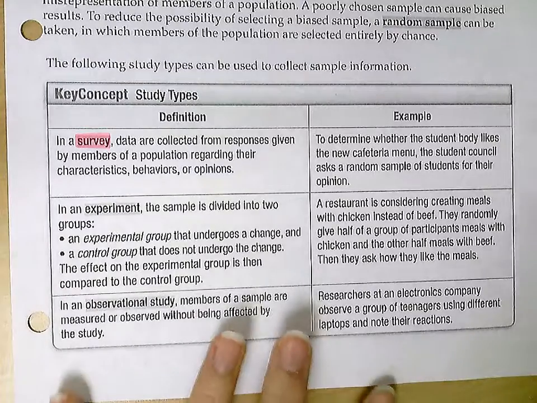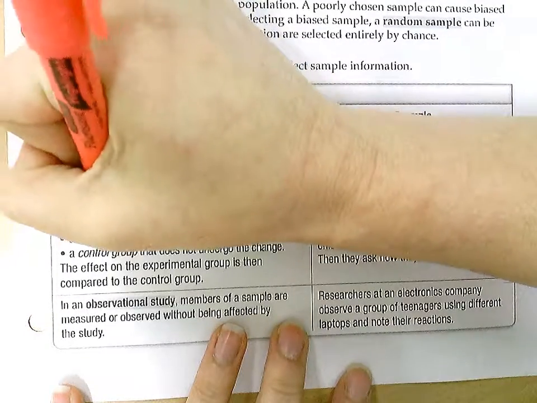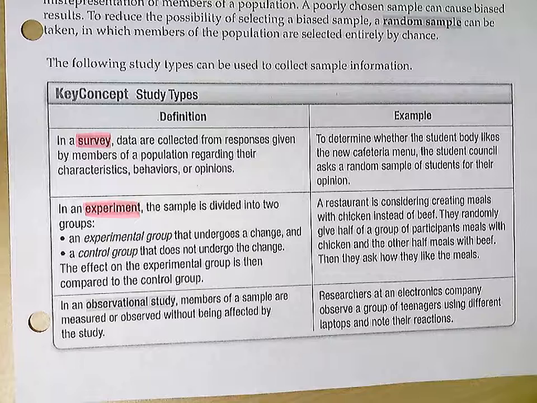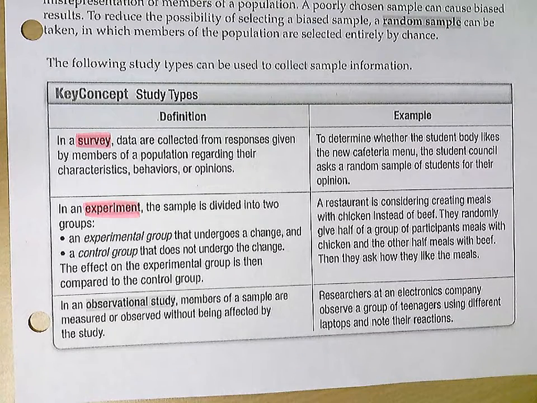Okay, so then our next one is an experiment. In an experiment, your sample has to be divided into two groups. You have an experimental group that undergoes a change and a control group that does not undergo the change. The effect on the experimental group is then compared to the control group.